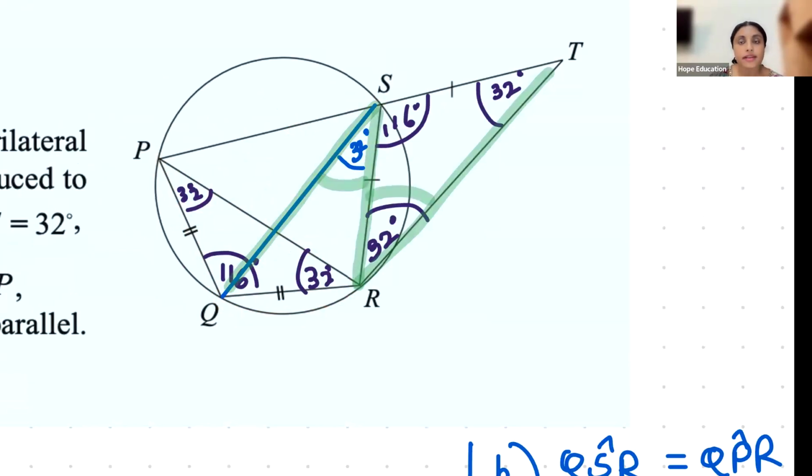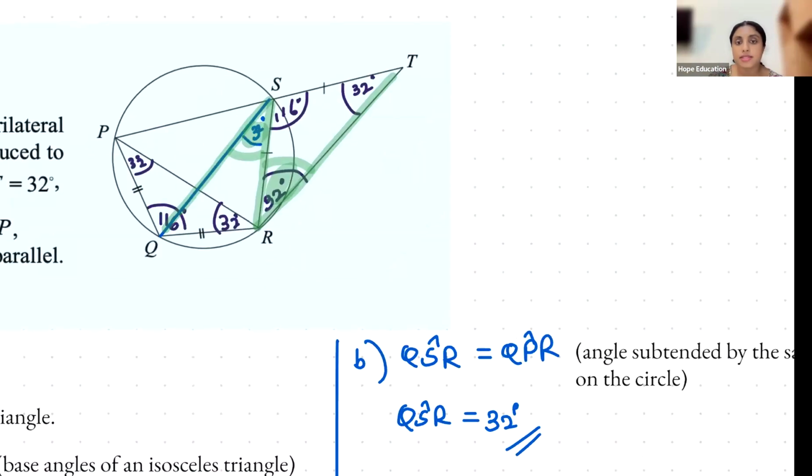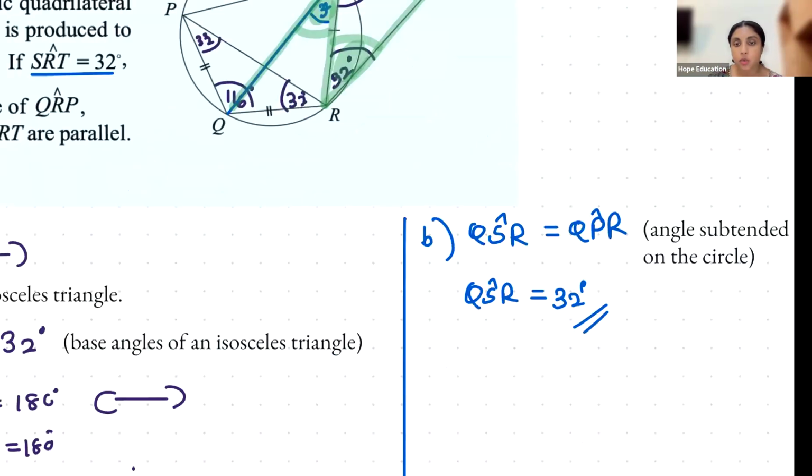Alternate angles, this one and this one would be alternate angles. Z shape. So I will write SRT is also 32. That is something they have given. I will write SRT equals 32.